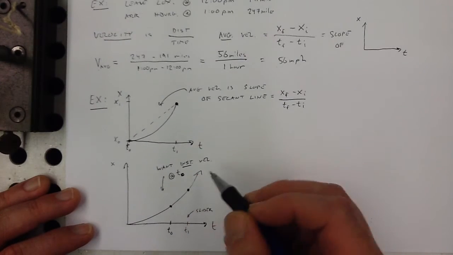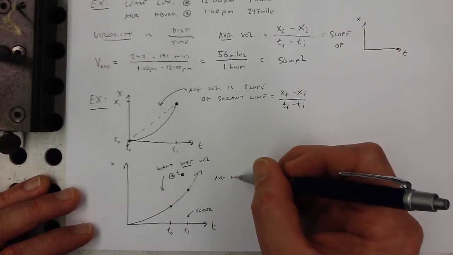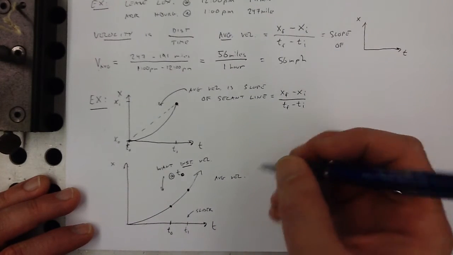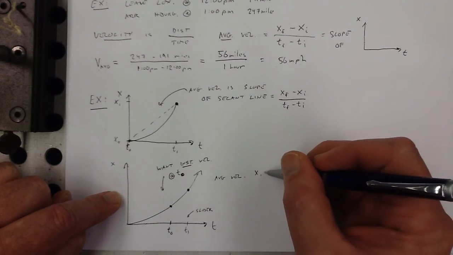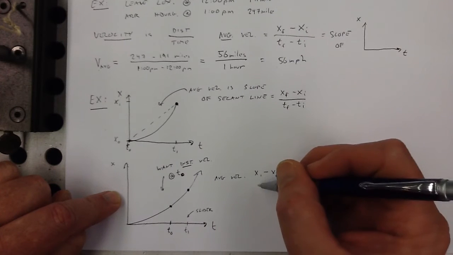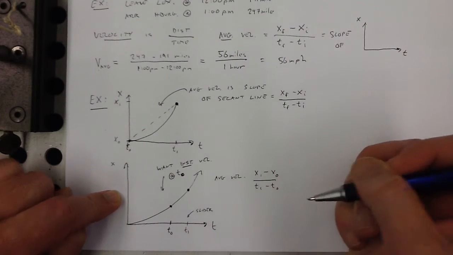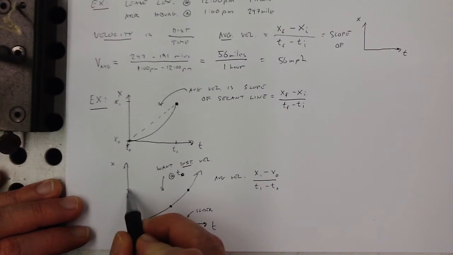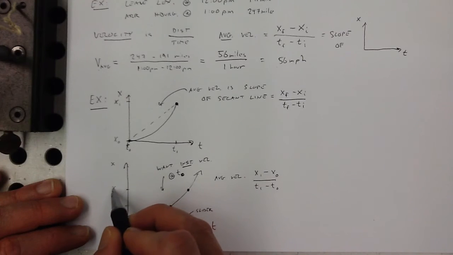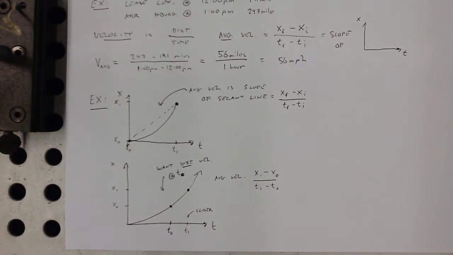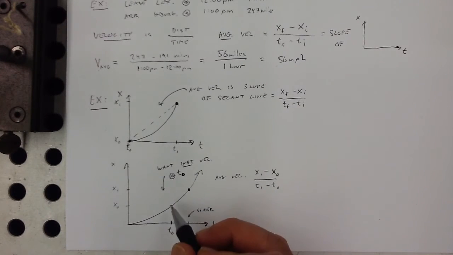And we can, of course, say the average velocity, that's the slope of the secant line, is x1 minus x sub 0 over t1 minus t sub 0, right? Those are just the positions that go with those times. So it's just the slope. Okay, that's fine, but that's an average velocity. We want instantaneous. We want the velocity right here.